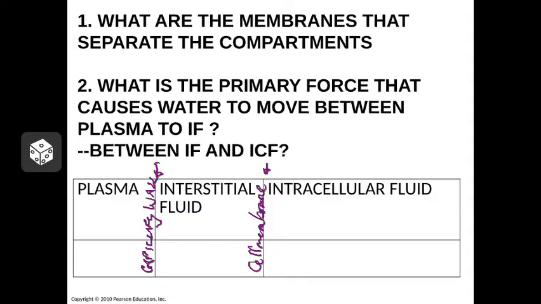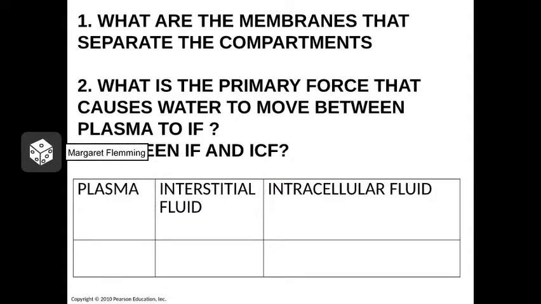And, if you'll recall, both of these barriers between fluid compartments are permeable to water, which is why we can have water move from one compartment to another down an osmotic gradient. Just a little reminder of your basic cell membrane properties from A&P 1. Now let's follow up with this idea.